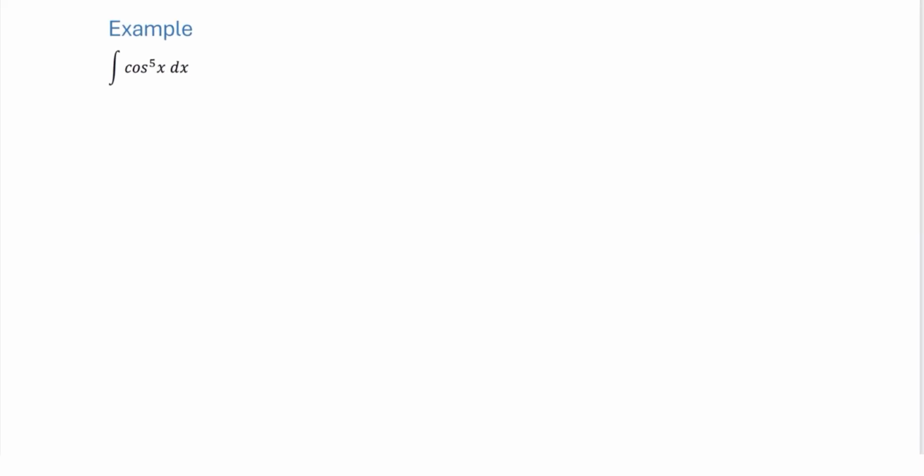In this example, we have cosine to the 5th x. We again want to use the Pythagorean identity, sine squared x plus cosine squared x equals 1. Let's start by rewriting the integral as cosine x times cosine to the 4th x dx.